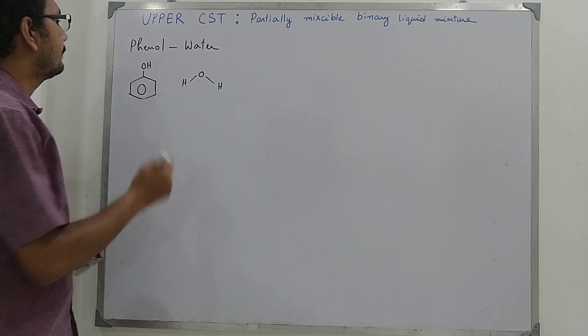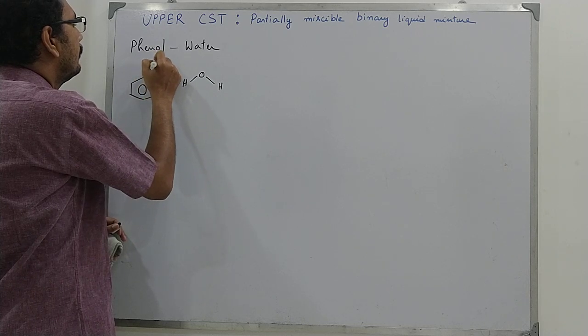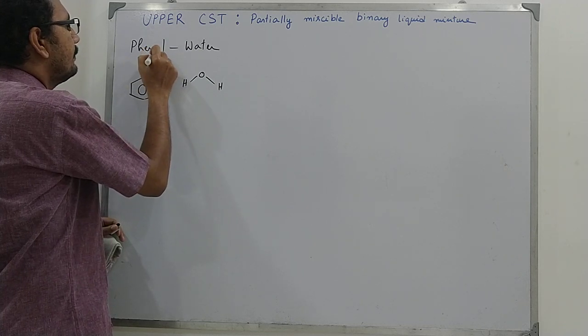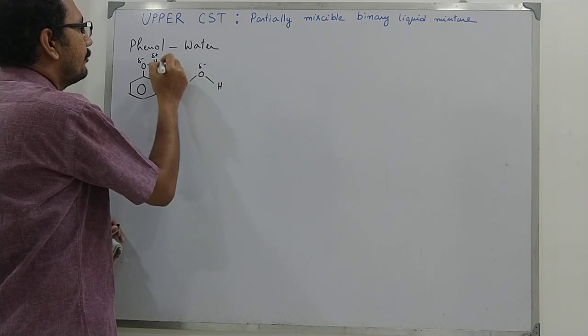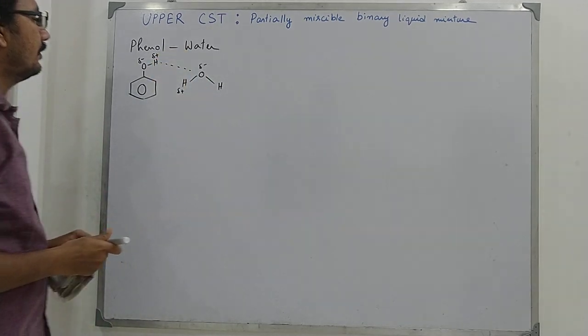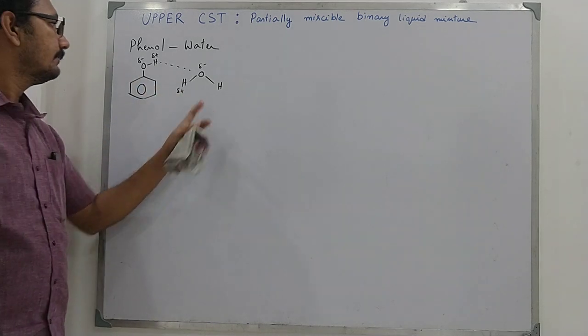So here you will get a partial negative charge, here positive, here negative. So there is a high possibility to develop hydrogen bonding.